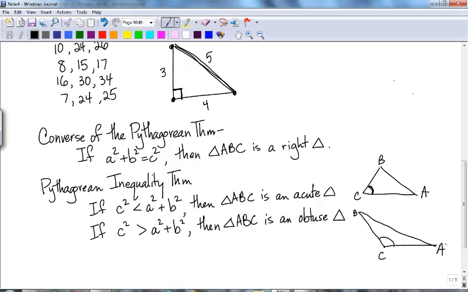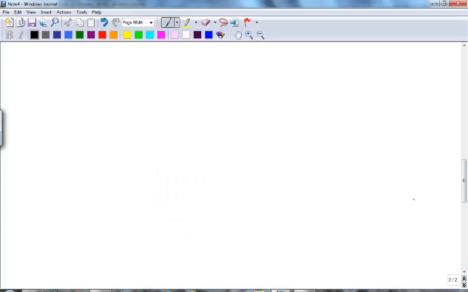Now I want to go back and talk about radicals. Hopefully this is a review of radicals. For some of you it may be new, and if that's the case, you may have to go back on your iPad and practice radicals a little bit from your Algebra 1.